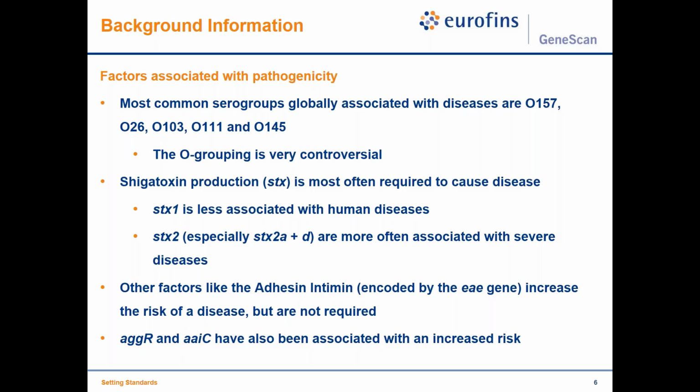Then there are other factors that might take the place of EAE, which are AGGR, AAIEC, and there are other factors that are associated with an increased risk. But in terms of this presentation, and as most methods look at it, it's really mainly the STX and the EAE as virulence factors.